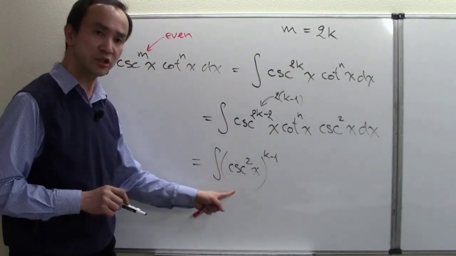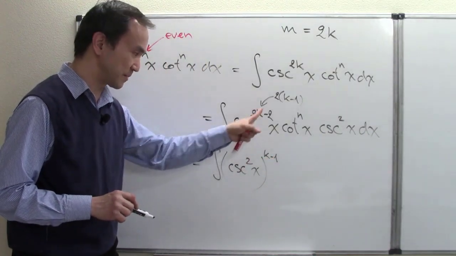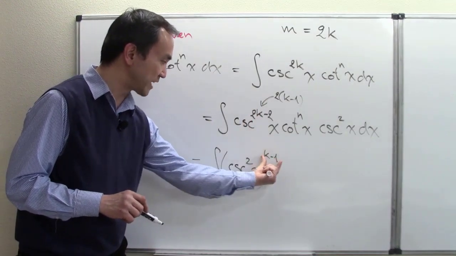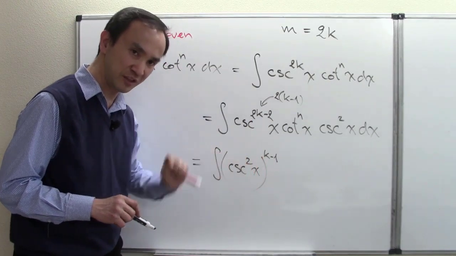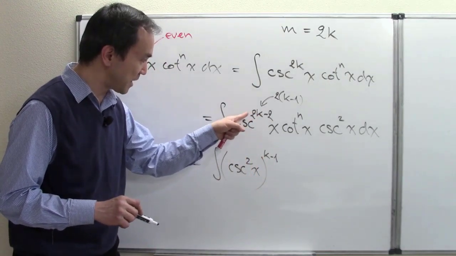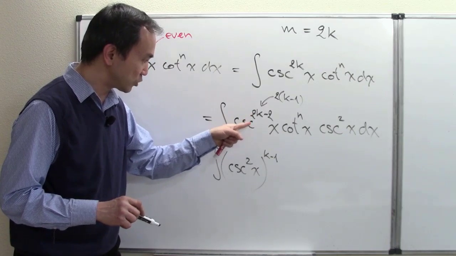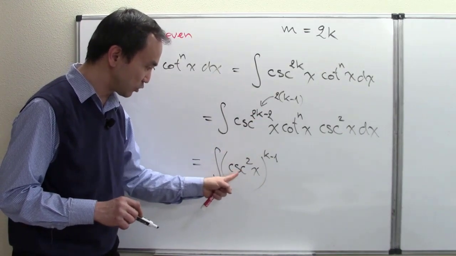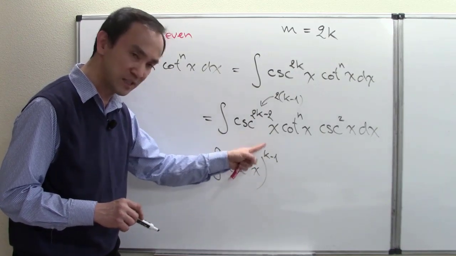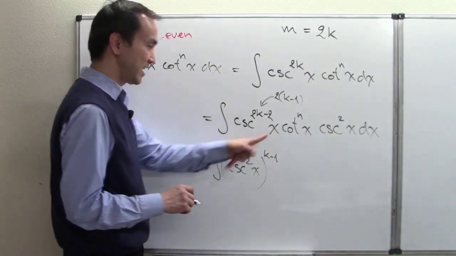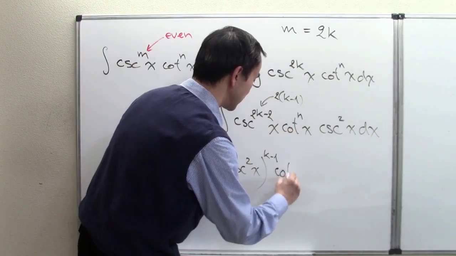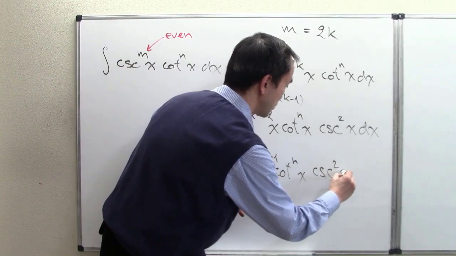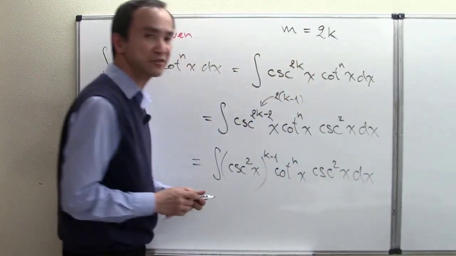That's just the algebraic rule of powers: when we have a power and we raise it to another power, the powers multiply, the power k minus 1 multiplied with power 2, specifically in this case. And that's how I can rewrite cosecant to the power 2k minus 2 as a cosecant square, all in quantity, raised to the power k minus 1. And then the cotangent to the nth power stays the same, and the cosecant square of x that we purposely separated out stays right there.